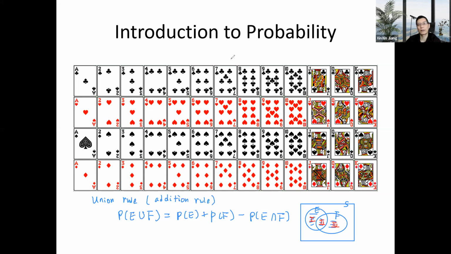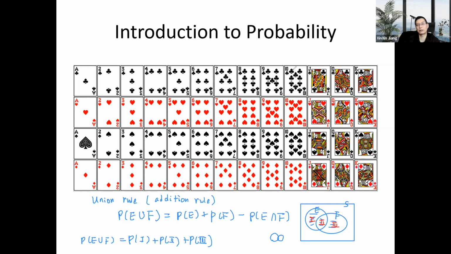So the probability of E union F equals the probability of piece 1 plus the probability of piece 2 plus the probability of piece 3. We are using the third axiom of probability. And these three pieces, 1, 2, 3, are mutually exclusive. Even though they look like that, they're mutually exclusive.